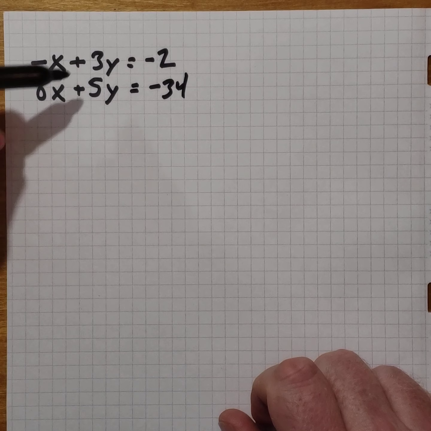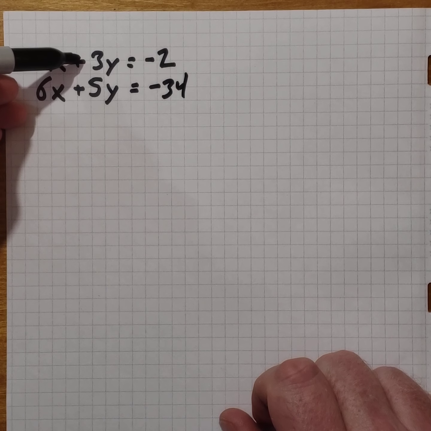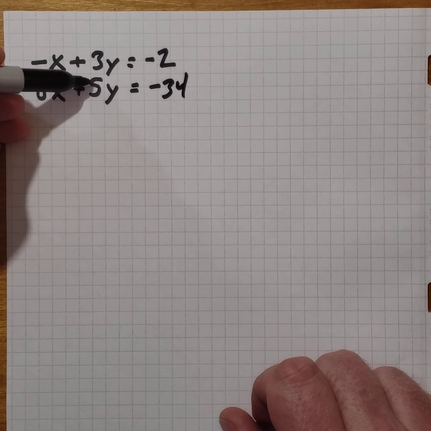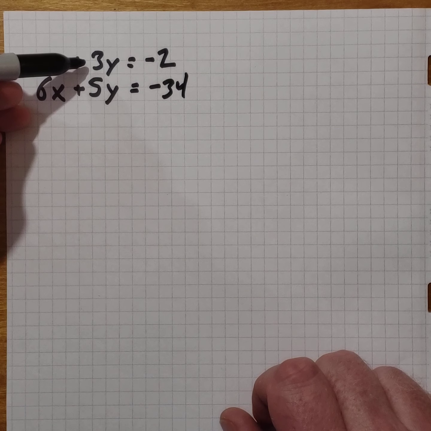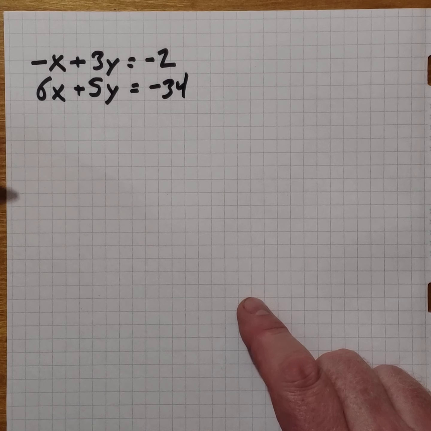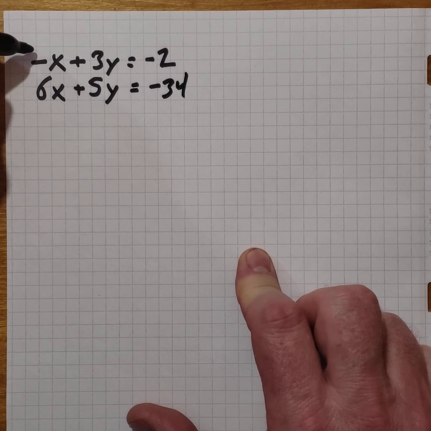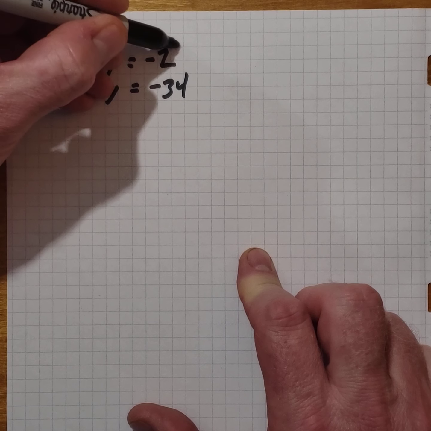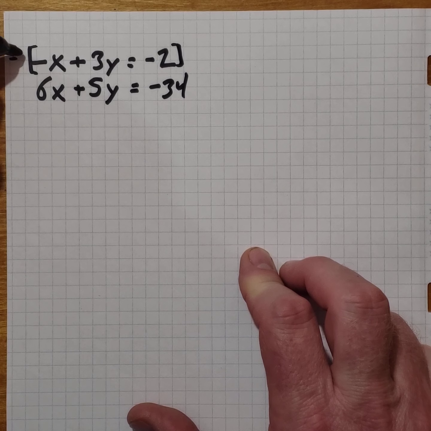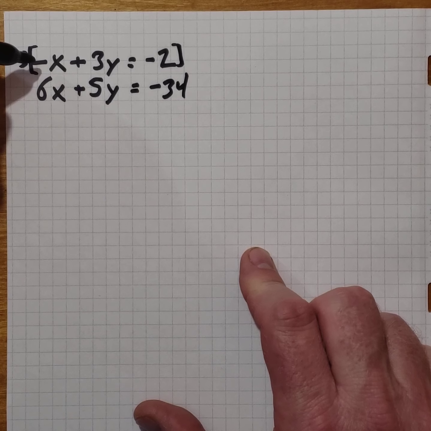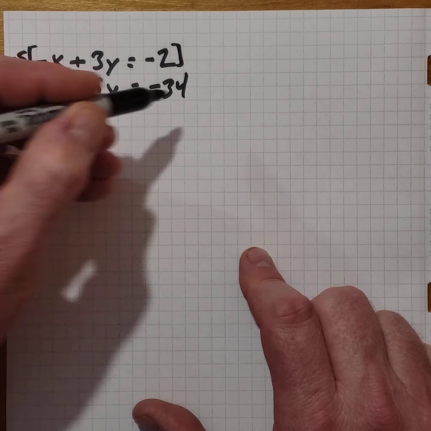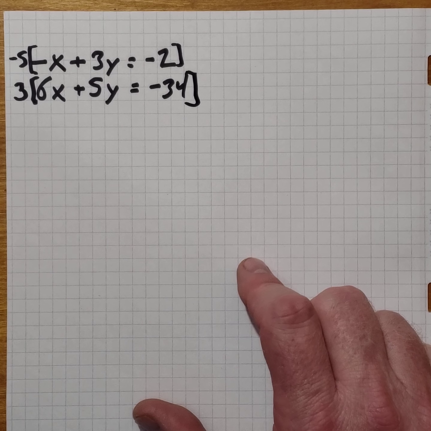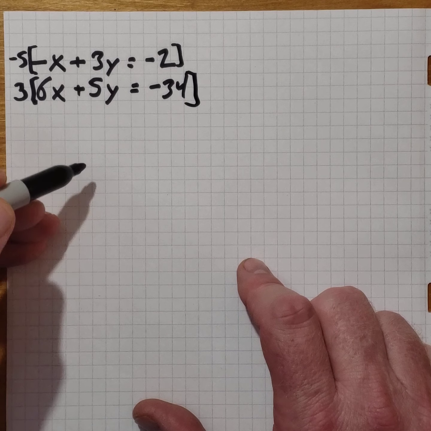What I want to illustrate is there's nothing nice that we can multiply the top one by to make it be 5y, and there's nothing nice we can multiply the bottom one by to get a 3y. So what we're going to do is multiply both the top and the bottom by something. We're going to multiply the top through by negative 5, because that will give me a 15 in front of y, and then we can multiply the bottom through by 3, and that'll give us a positive 15y.